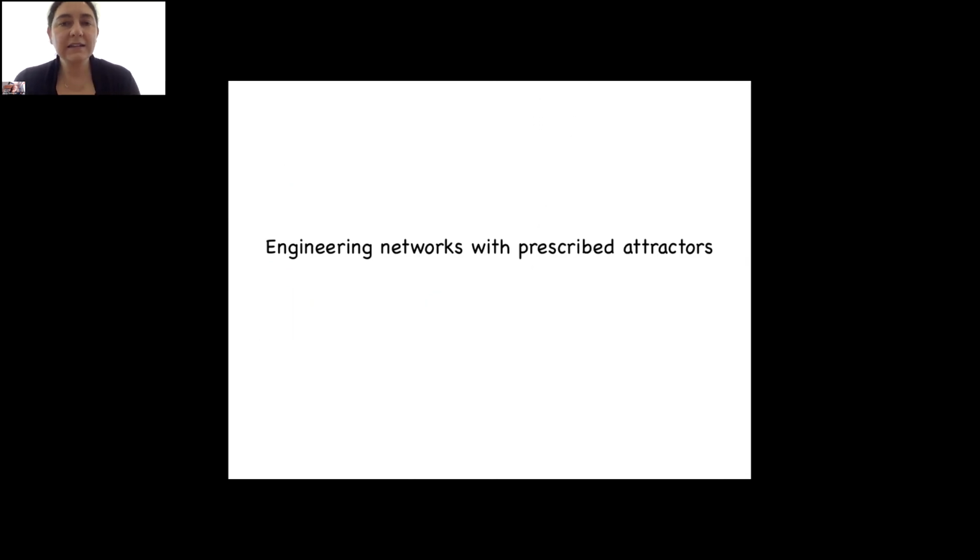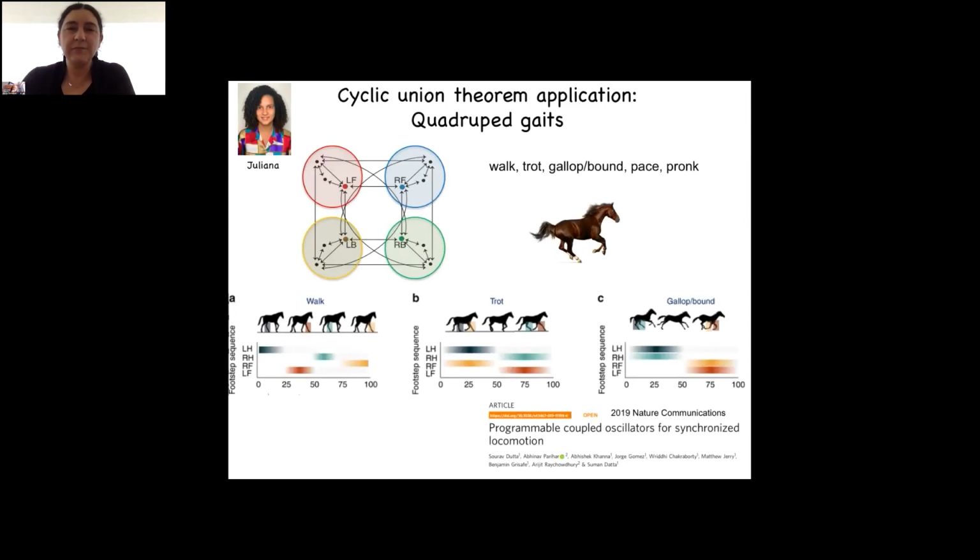I want to end by giving you a nice example of using this to actually model something in neuroscience. This is an application with quadruped gaits. If you have a horse, for example, that horse has many gaits.